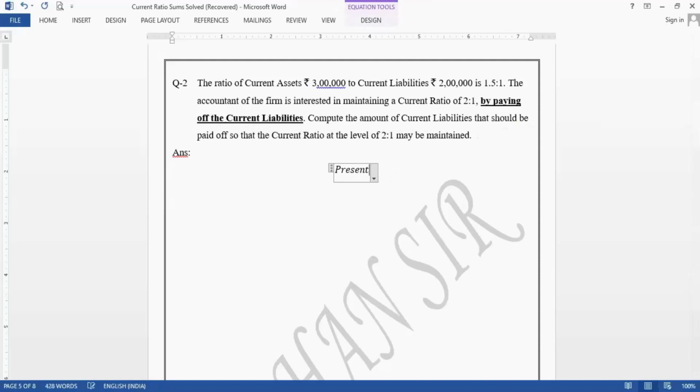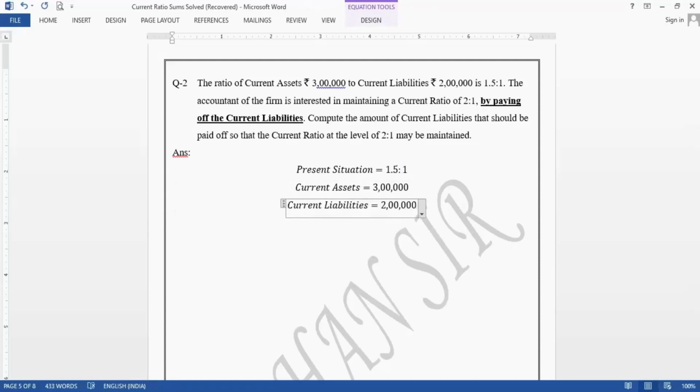The present situation is 1.5:1 for current assets and current liabilities. Let me write the value of current assets. Current assets is equal to rupees 3 lakh and current liabilities is equal to 2 lakh, right?